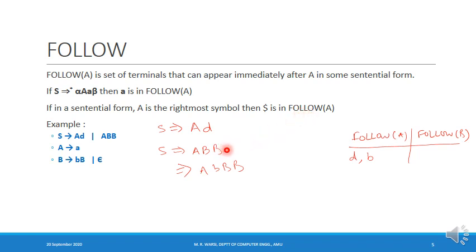So capital B is the rightmost symbol in this sentential form, so dollar will be added to the follow of capital B. So we add dollar to the follow of capital B.